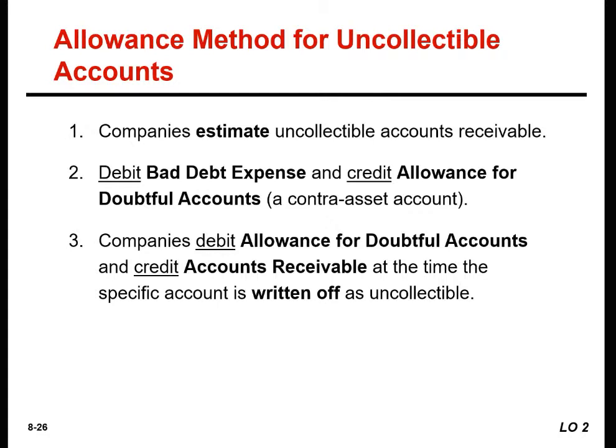This is the method of accounting for bad debt that involves estimating uncollectible accounts receivable at the end of each period. It provides better matching of expenses and revenues on the income statement and ensures that receivables are stated at their cash net realizable value on the balance sheet.